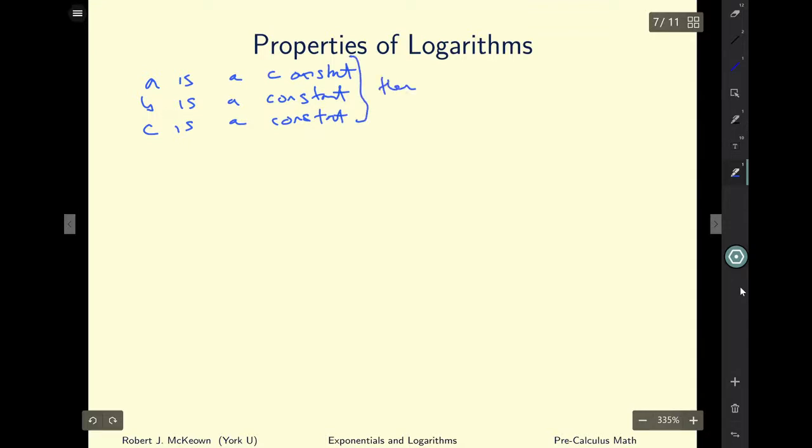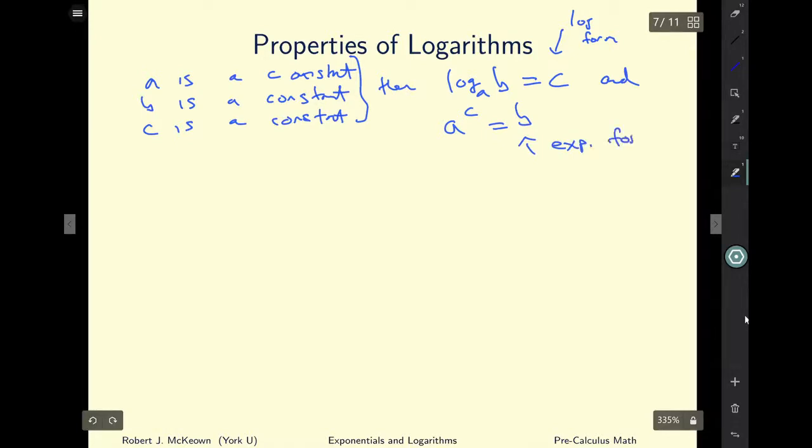Then log base A, B is equal to C, and that's the logarithm form. And in exponential form, we have A^C equals B.